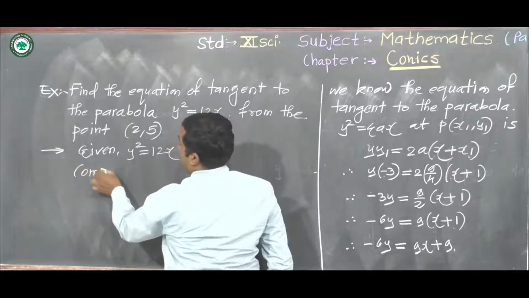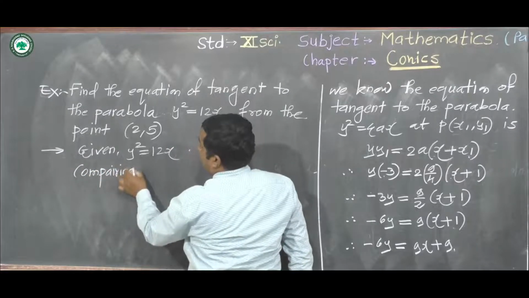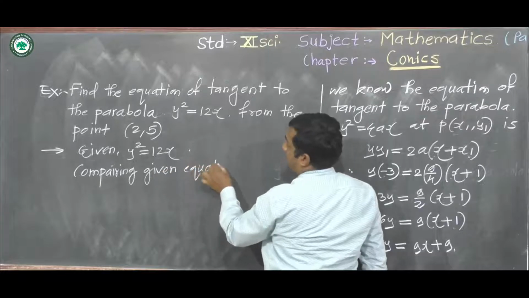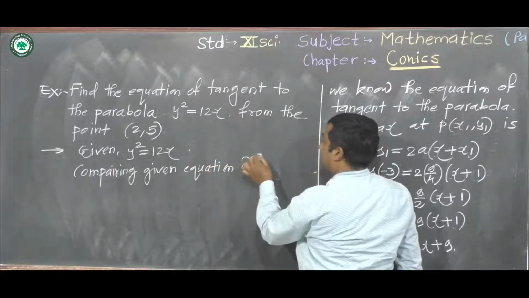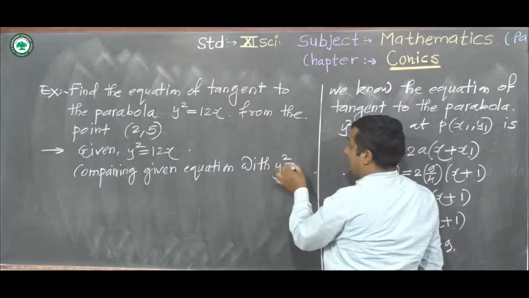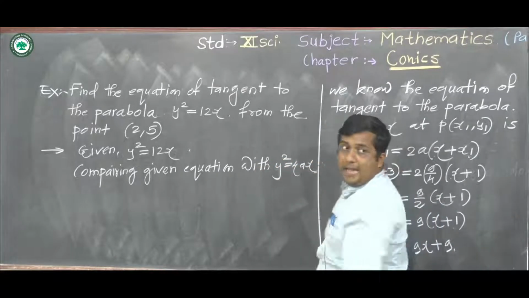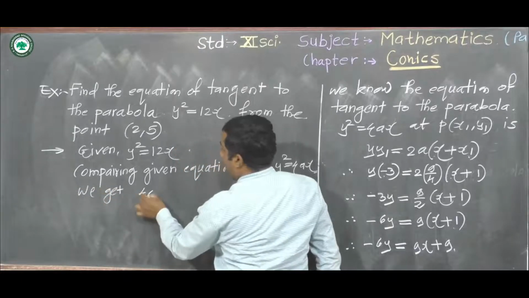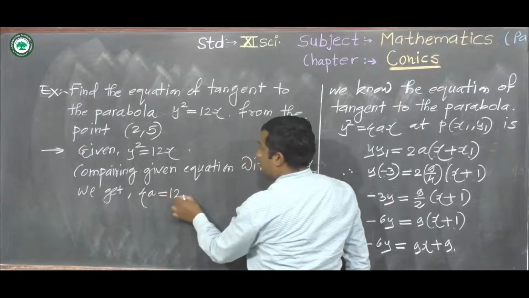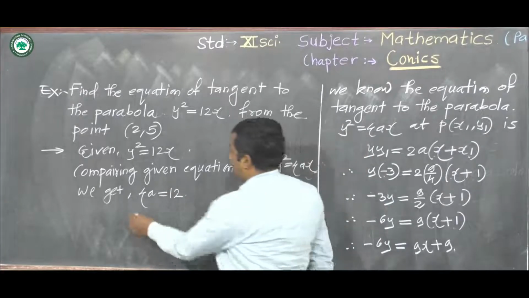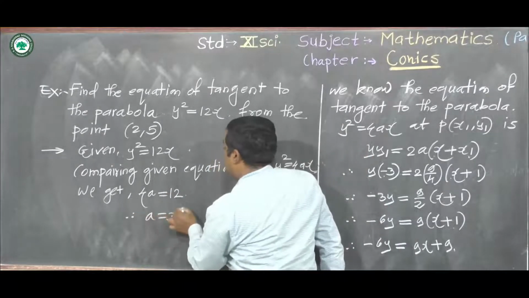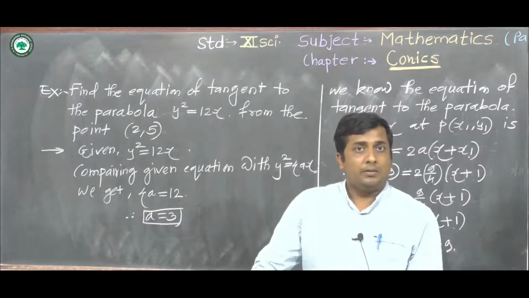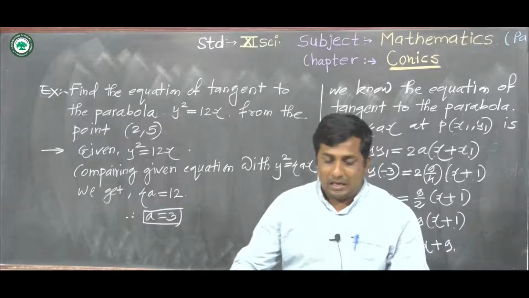Comparing the given equation with y square is equal to 4ax, we get 4a is equal to 12. So here we get a is equal to 3. We get the value of a as 3. Let m be the slope of the given line.